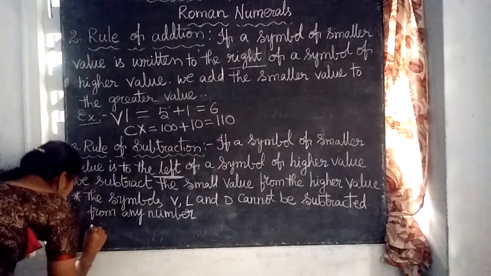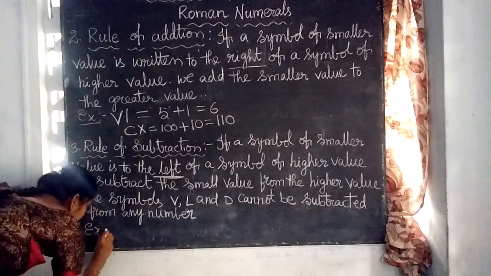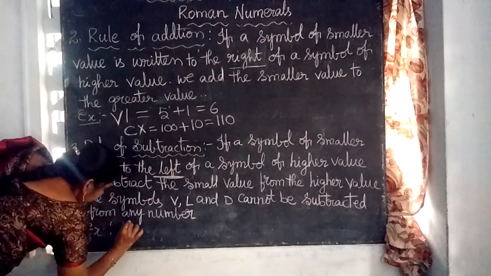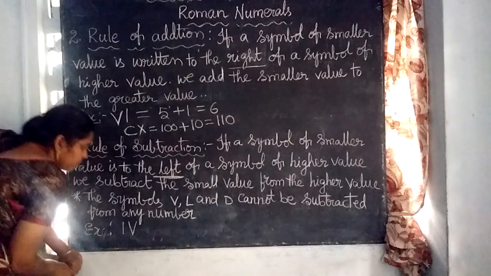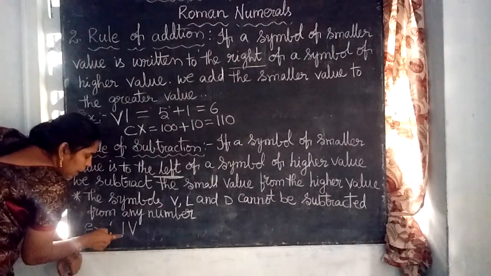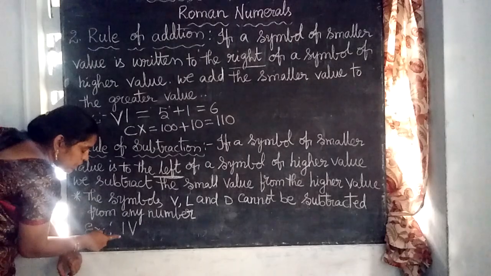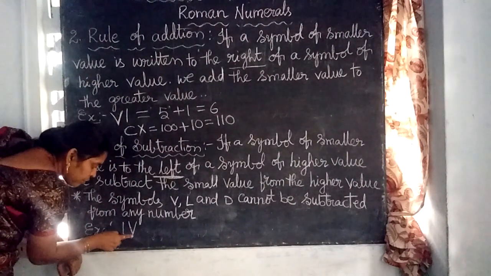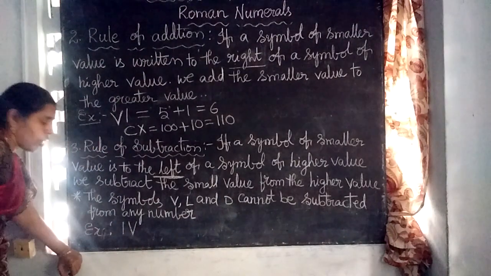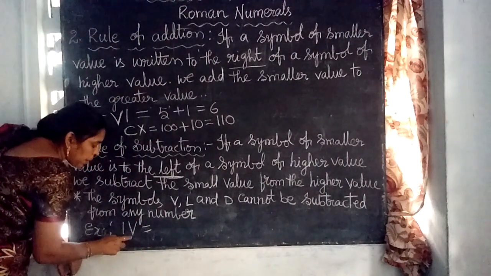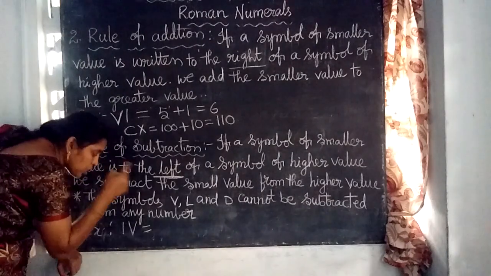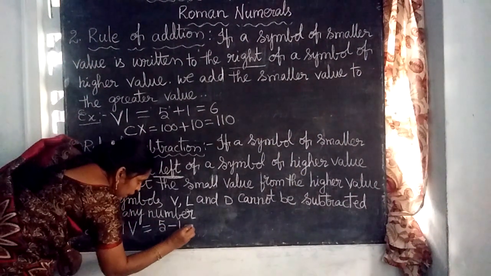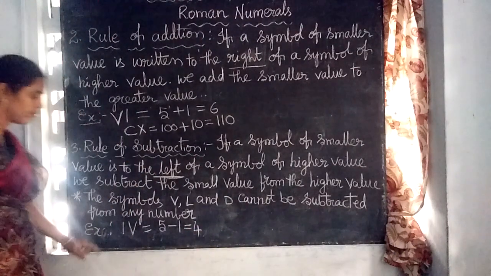For this example, IV. See, I means a smaller value, it indicates 1, and V is 5, a higher value. On the left side the smaller value is there. So what do we have to do? Subtraction. The smaller value you should subtract from the higher value. That means 5 minus 1, that is equal to 4.